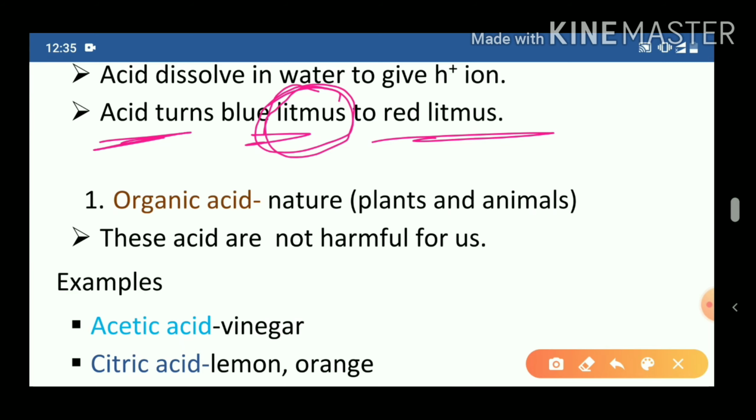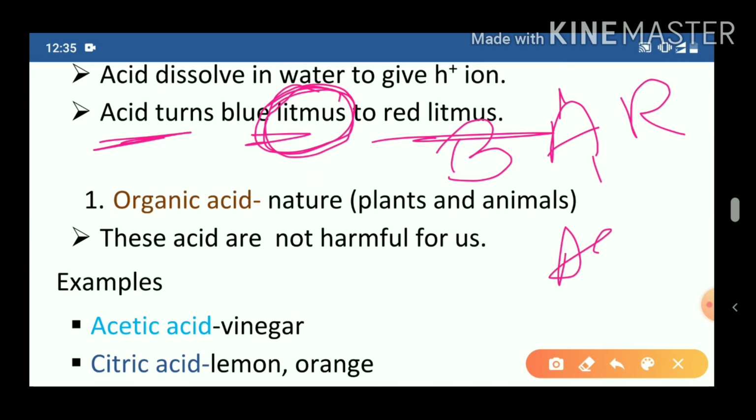Now one trick is there, because many of the students get confused whether acid turns blue litmus red or red litmus blue. Now see, I will write three words. Now this is acid. Now what does acid do? Acid converts blue litmus red.